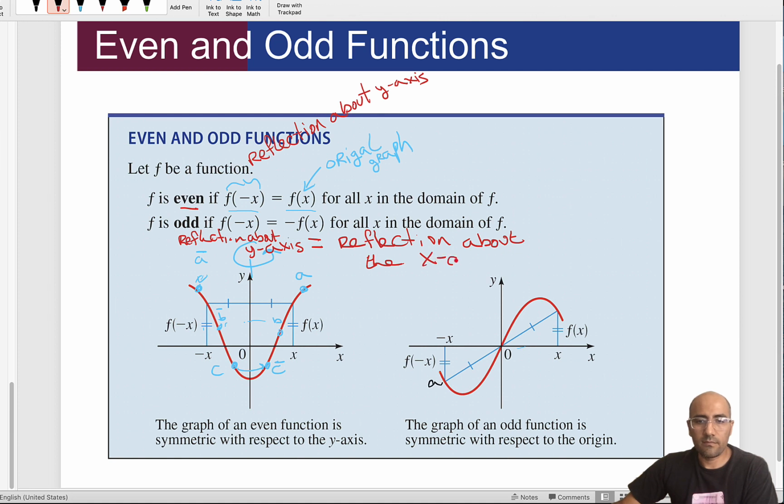Okay, so the reflection about the x-axis equals the reflection about the y-axis. If that's the case, then we have ourselves an odd function.